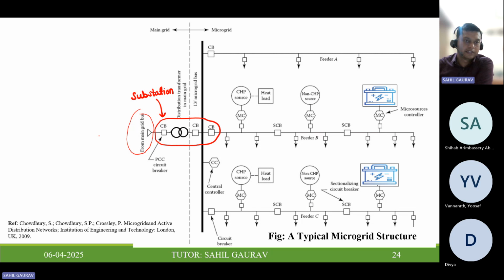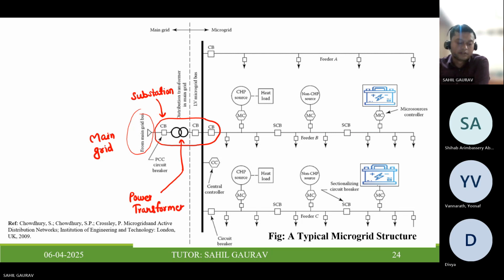So this is the point where this can be connected to the main grid. So this PCC circuit breaker, and this one is power transformer. So this side is grid and this side is microgrid.